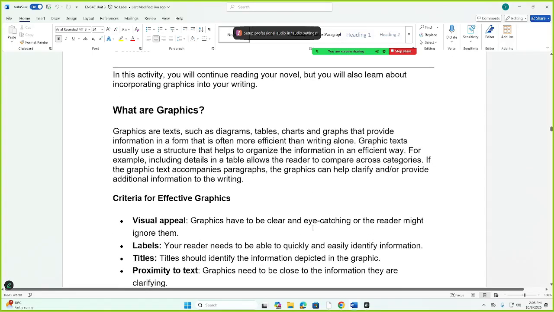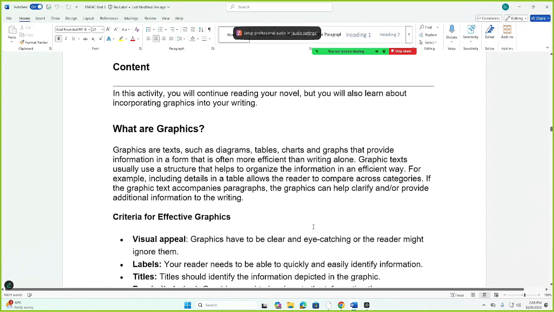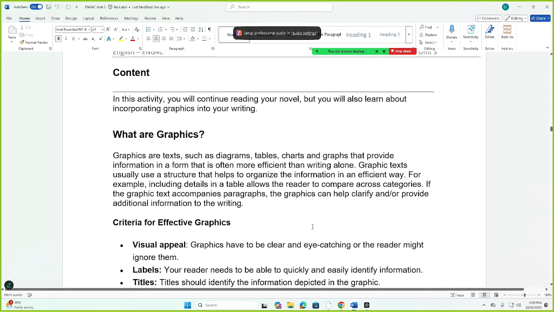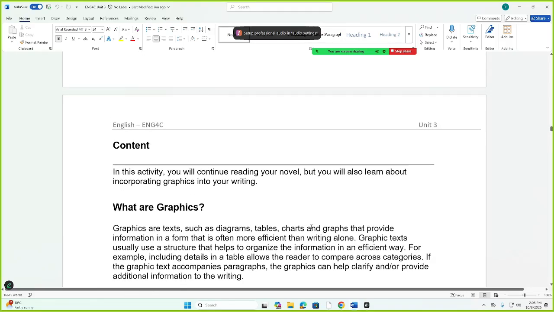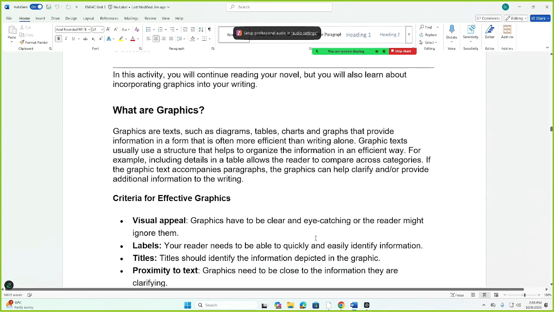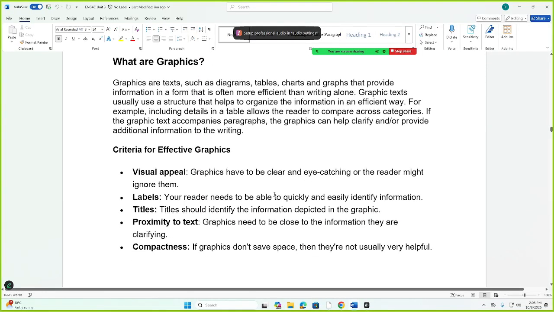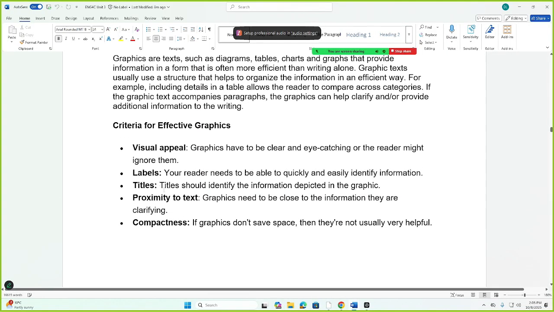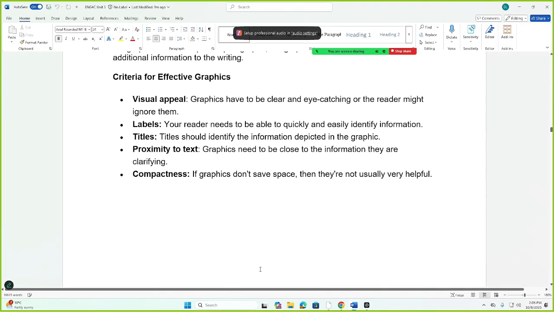So we also looked at the introduction to the content section on the following page, page 30. What is graphics? The criteria for effective graphics. There's a bulleted list here. It's important to use these criteria and identify them when you go looking for examples of graphics that you can complete your key question with.